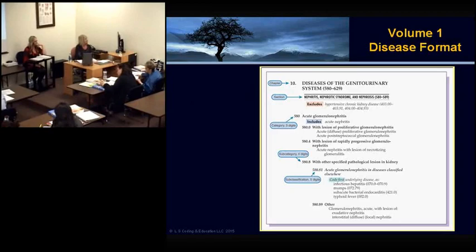Then below that, we have 4th-digit codes, 580.0, 580.4. And those are subcategory codes. And then when it includes a 5th digit, so it further classifies that subcategory, it becomes a subclassification.